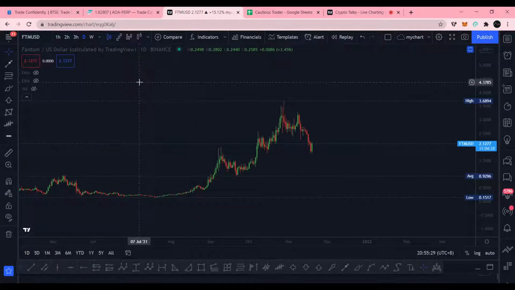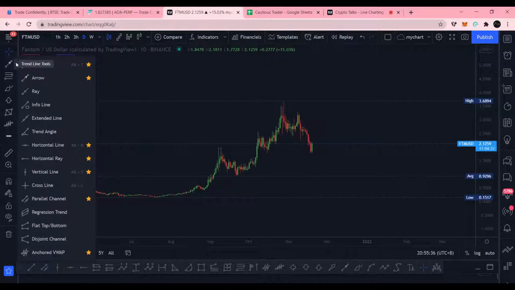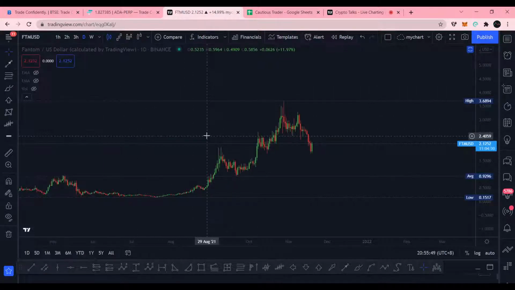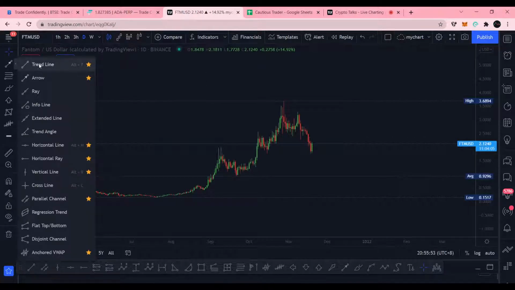So now, how do we plot the trend line support and resistance? You can go to the trend line tools and click on the trend line, or the shortcut will be Alt plus T. Actually, I haven't used the shortcut yet, but let's try that.